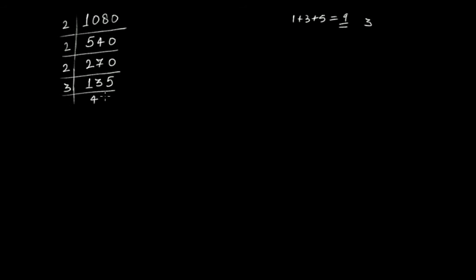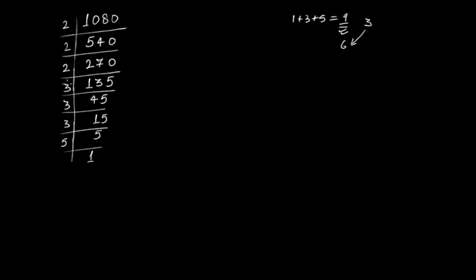So 3 and 45. What about this one? Again, if you add 5 and 4, this will give you 9, and 9 is divisible by 3, so 15. What about 15? 5 plus 1 is 6, and 6 is divisible by 3, so this is 3 and 5. Now it can only be divided by 5.